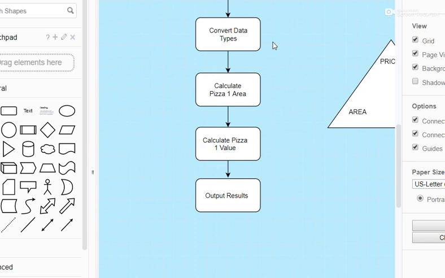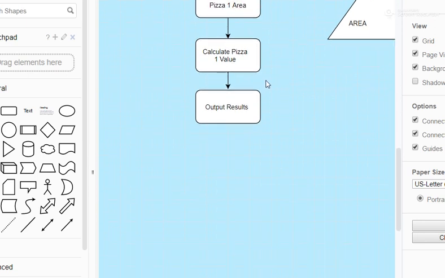It's just going to give us a cost per square inch or per square centimetre to 2 decimal places or so. Calculate the area for the first pizza, calculate the value of the first pizza, and that's what is going to give us our success criteria, comparing the two values of the two pizzas, and of course we need to output our results.